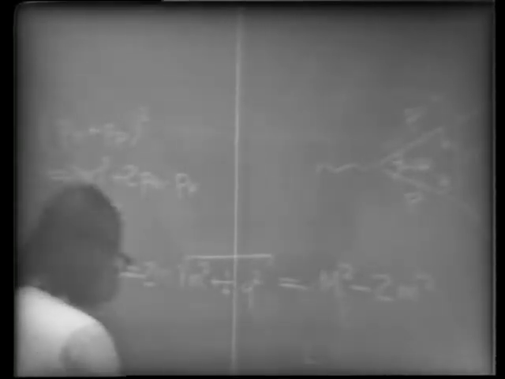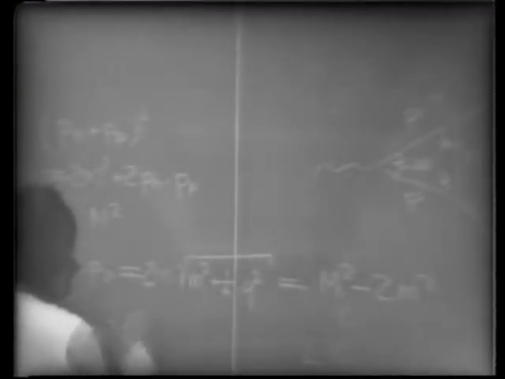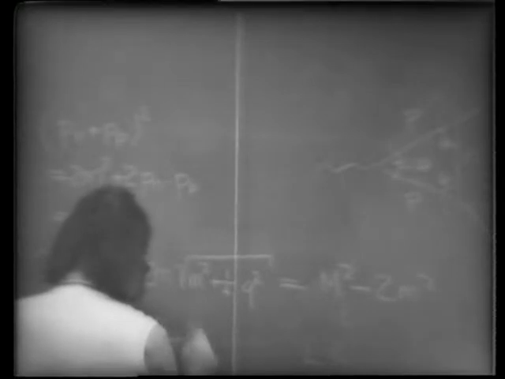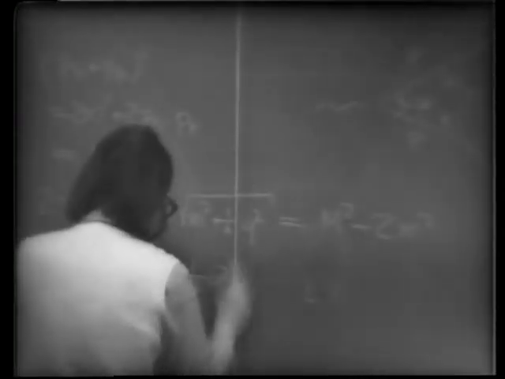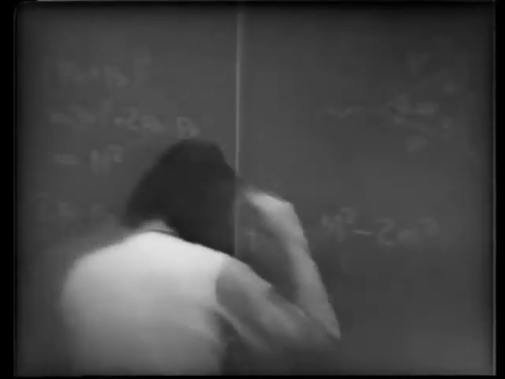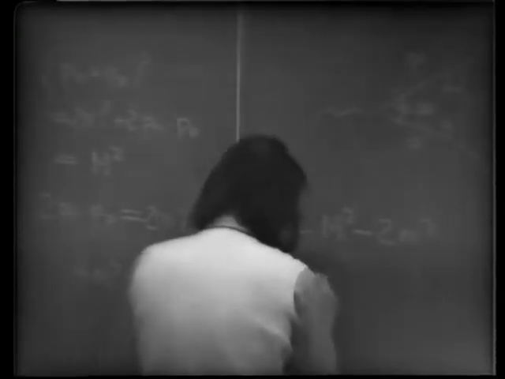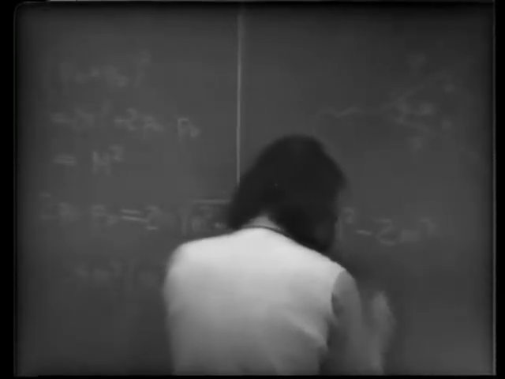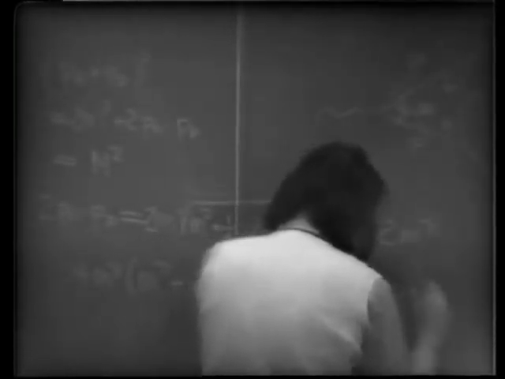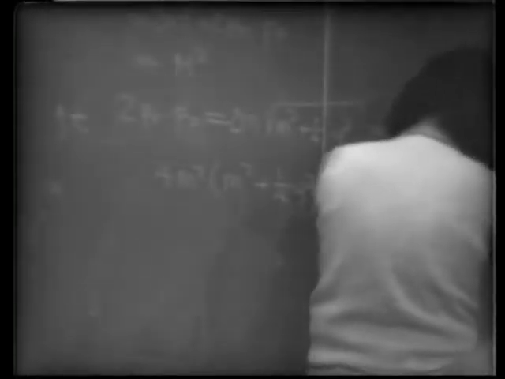Squaring both sides, I obtain 4m squared times m squared plus 1/4 q squared equals capital M to the fourth minus 4 m squared capital M squared plus 4 little m to the fourth. I observe the m to the fourth terms vanish on both sides.